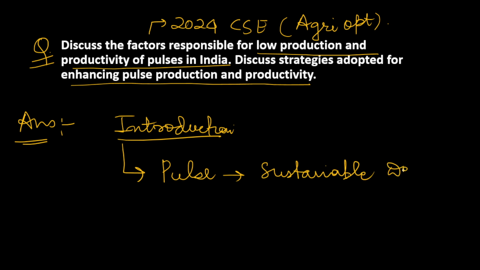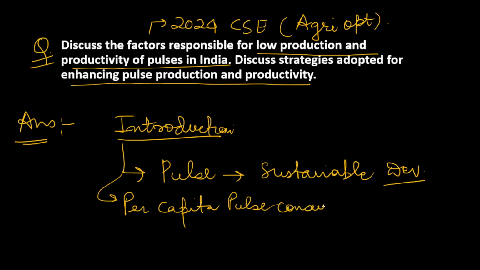You can also add some data, such as how per capita pulse consumption in India has been on a decreasing trend, so that can be a problem.